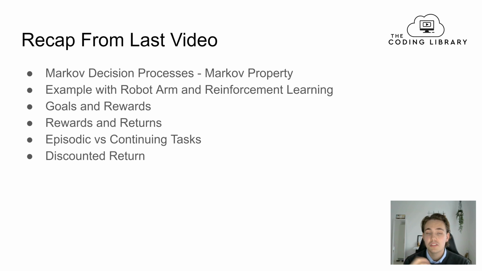When we're talking about continuing tasks, we don't have finite time steps, so we need to discount our returns. The further into the future we go, the less impact the rewards have on the action that we're going to take in the next couple of time steps. So these are the most important things that we talked about in the last video.